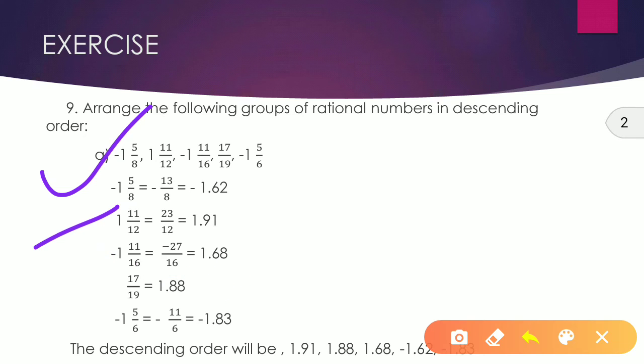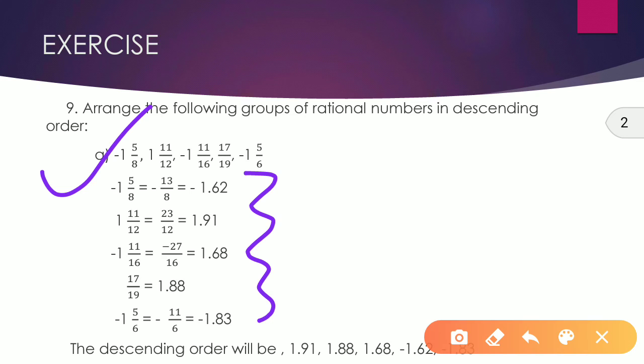Then when you convert all the rational numbers into decimal forms, you will get these values. Now you compare all these values and write the rational numbers in descending order. Descending order means first you have to write the greater number. So which number is greater between these? A minus sign number is always less than a positive number. So you leave the minus sign and first compare all the positive numbers.